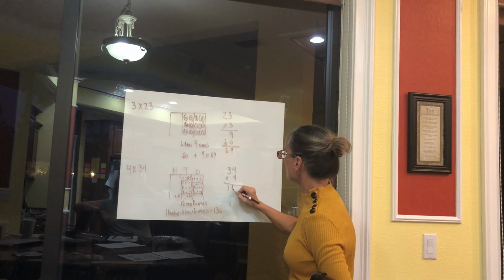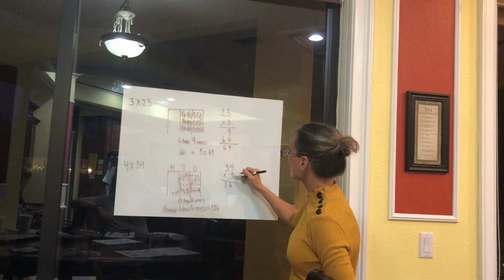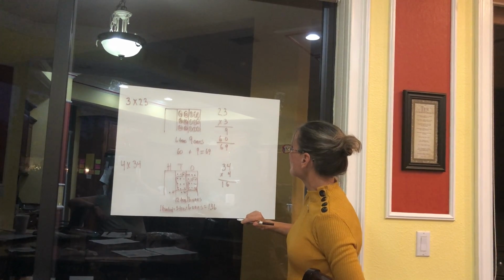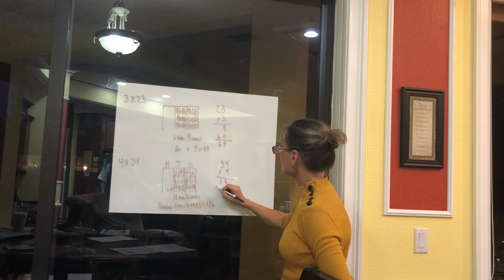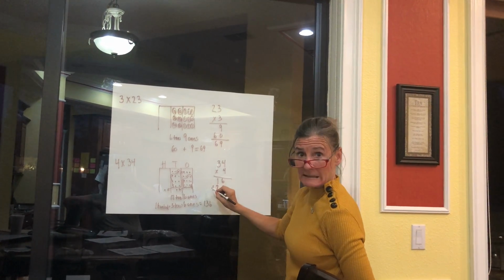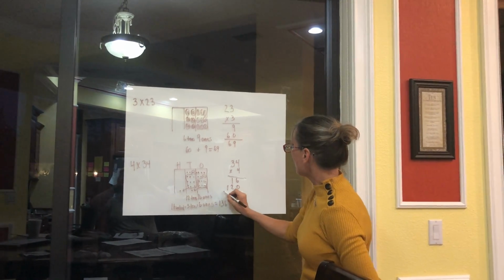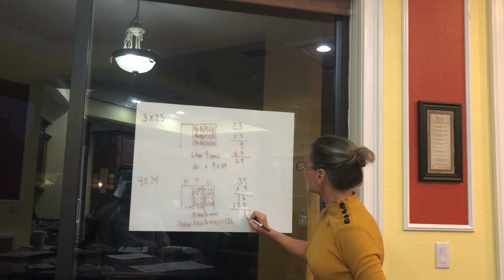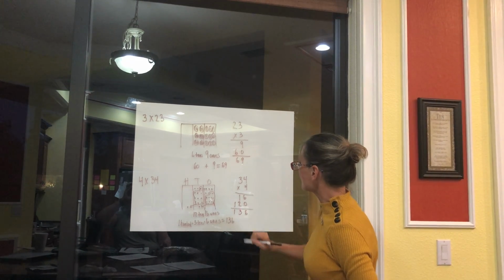Yep. And then if I take my 4 ones times 3 tens, what will I have? 12 tens. Yes, 12 tens. And then I have to keep the 0 because it's in the tens. And then you're going to add those together and you're going to get 136, the same number. That's correct.